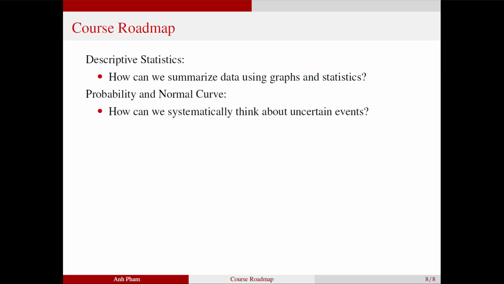Then we're going to move on to something completely different, which is probability and the normal curve, where we will think about how we can systematically think about uncertain events.